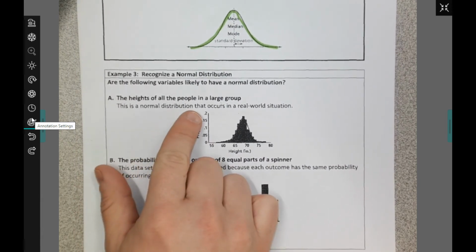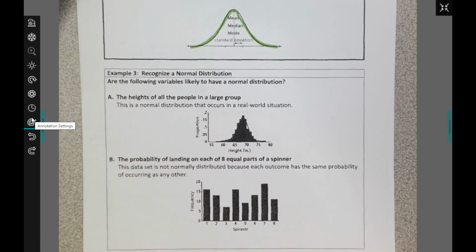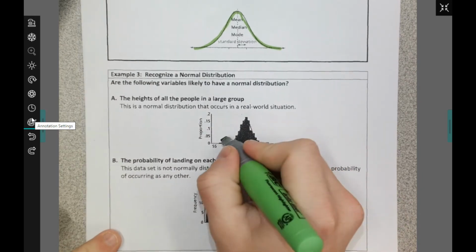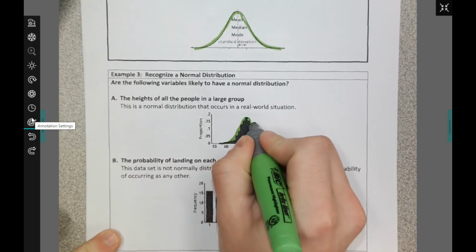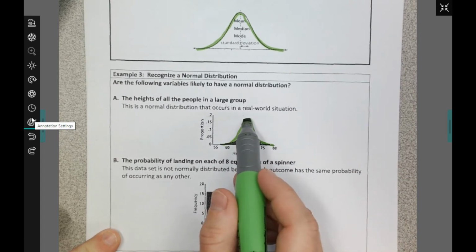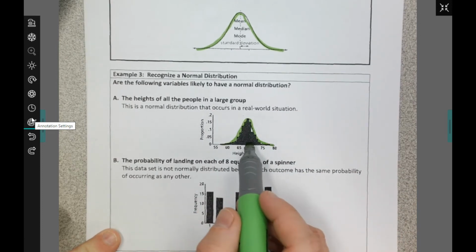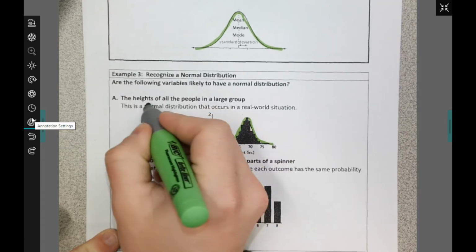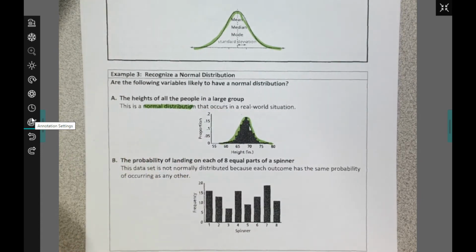So you look at the heights of people in a large group, they give the graph right there. If you were to draw your curve in, we would have the peak in the middle and tails at each end. So since you have the peak in the middle, tails at each end, it is symmetrical. We're going to say that's normal distribution.